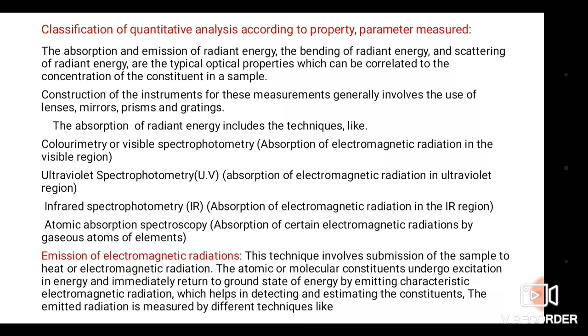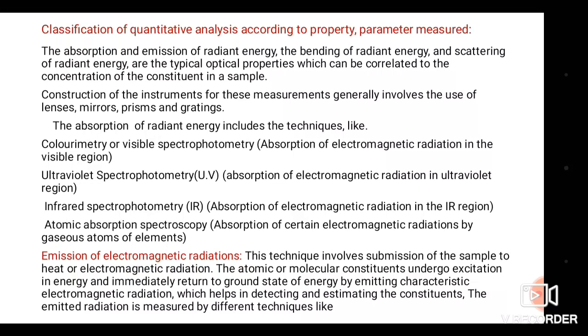In colorimetry or visible spectrophotometry, absorption of electromagnetic radiation in the visible region takes place. In ultraviolet spectrophotometry, absorption of electromagnetic radiation in the ultraviolet region takes place.